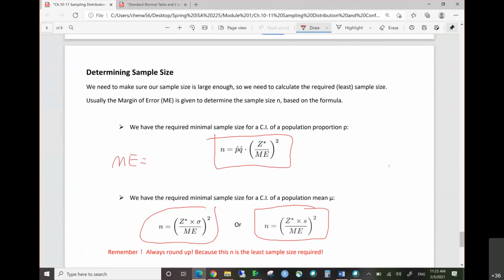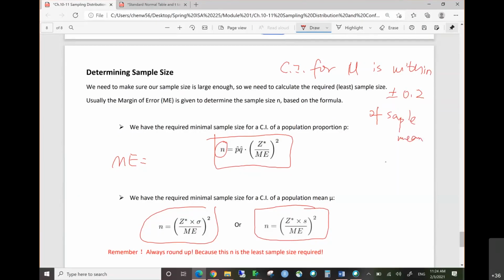Sometimes in your question, you may see that I want a minimal sample size so that my confidence interval for the population mean is within plus or minus, let's say, 0.2 of the sample mean. What does that mean?